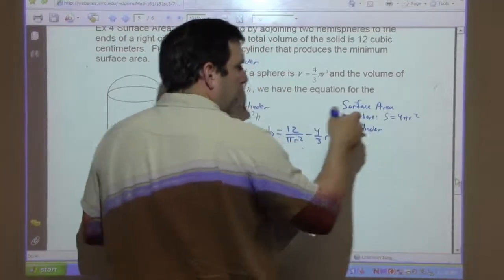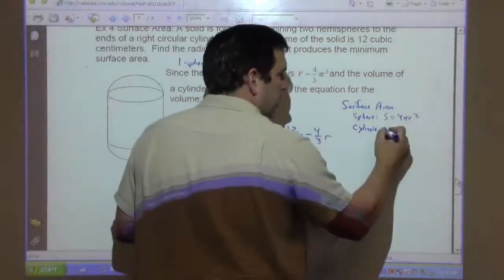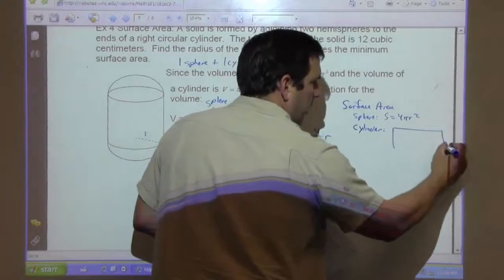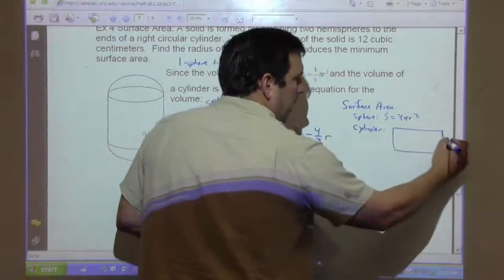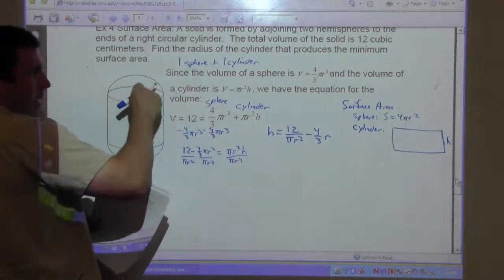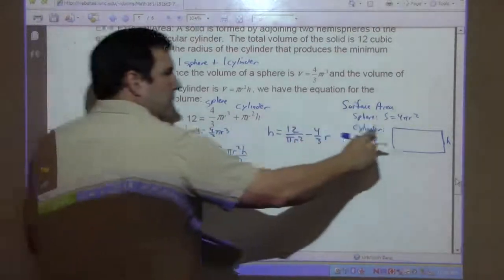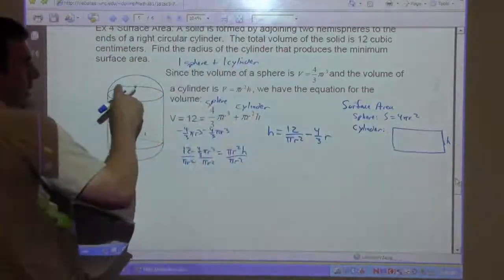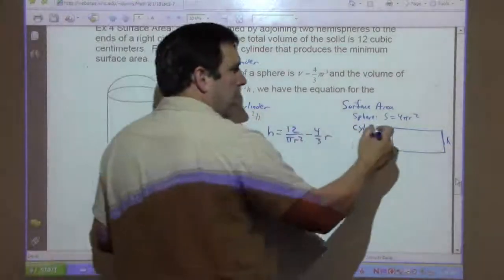if we unroll that cylinder, what we're really seeing is just a rectangle, where the height of that rectangle is h, that's this h, and then that length across, that length is the circumference of this circle, so that's pi r squared.